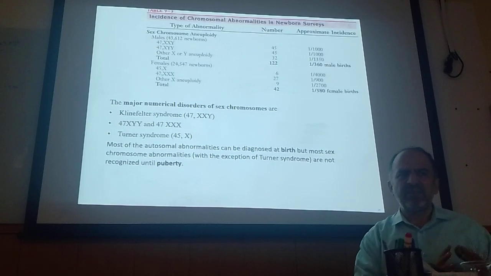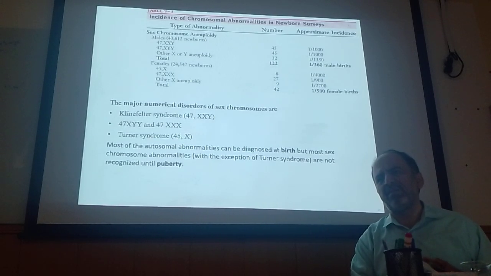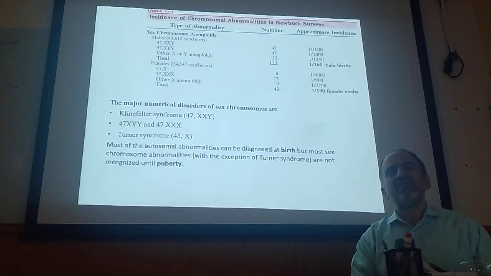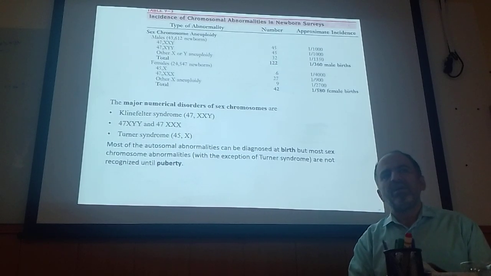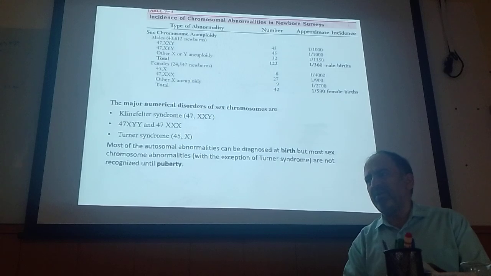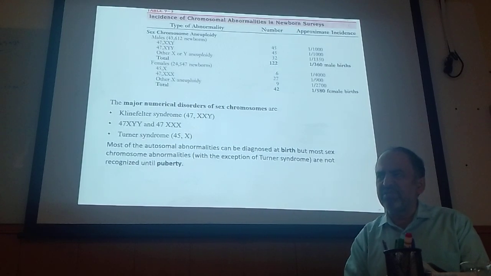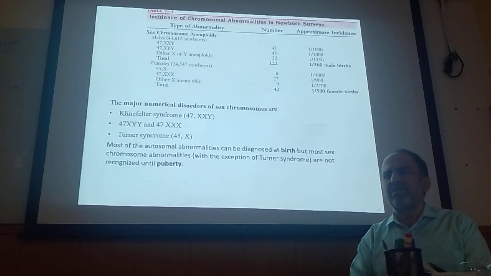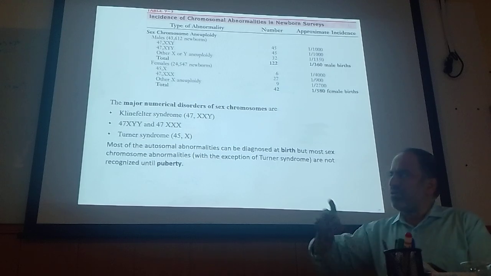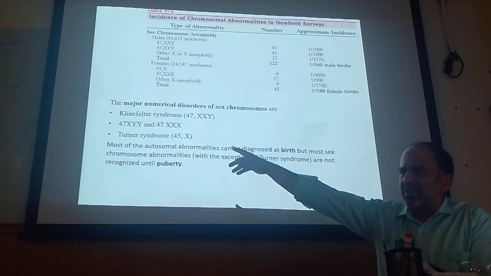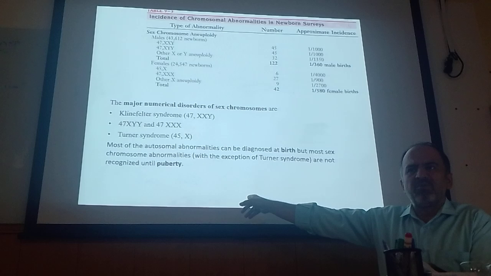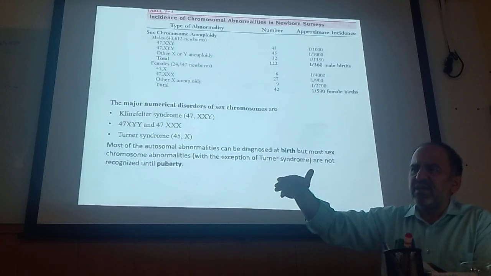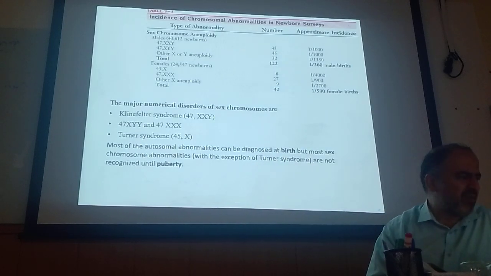In Turner syndrome, there are some issues you can find out in the baby. Otherwise, in the puberty, on not having baby, on delivery, on infertility, on spontaneous abortion, you can say, okay, the mother or father is not fine. So prognosis is much better for sex chromosomal abnormality compared with the autosomal chromosomal abnormality.